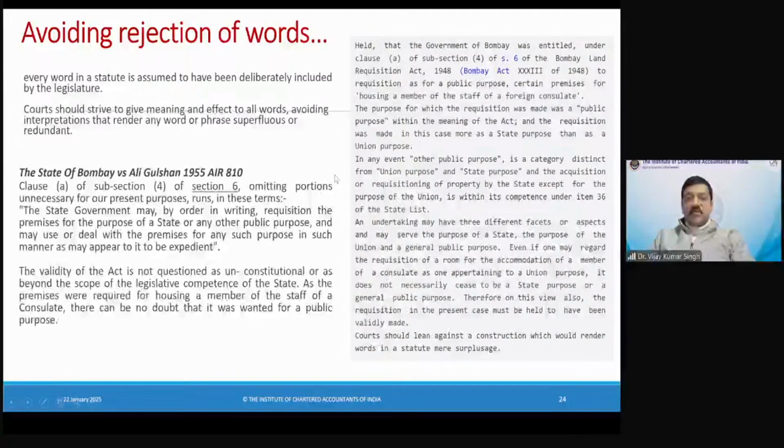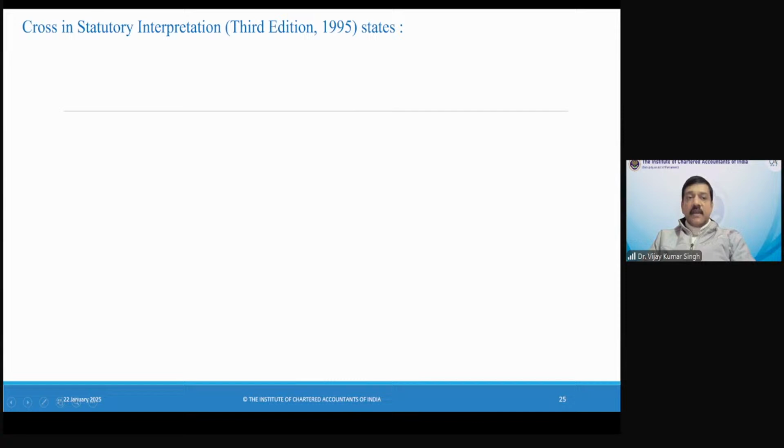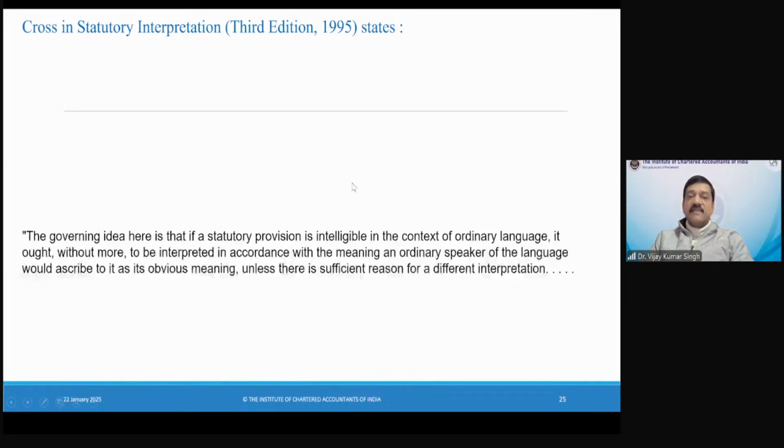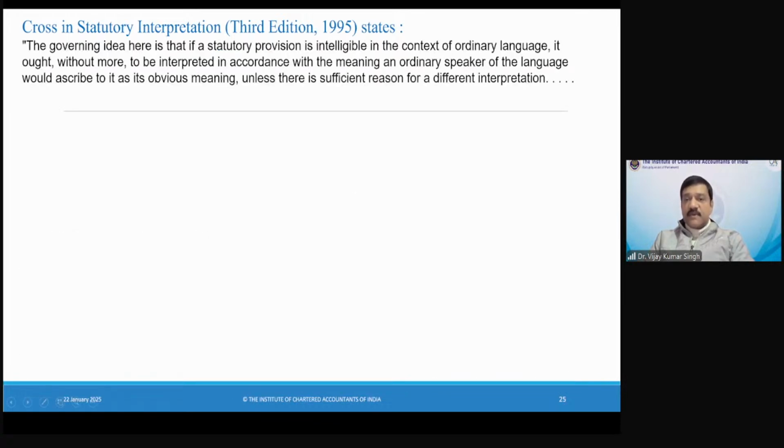Now let us move further and talk about another important principle by Cross, the jurist. In his book Statutory Interpretation, he has given some principles, and this principle with reference to literal interpretation is like this.